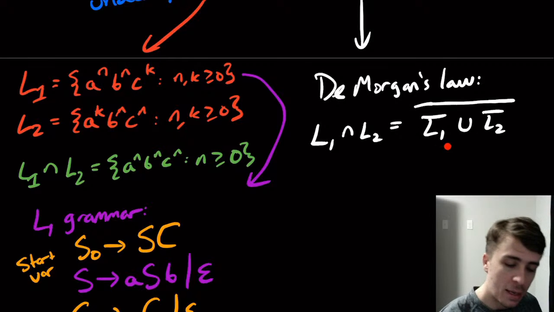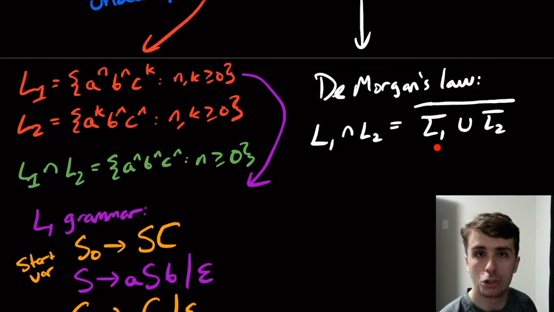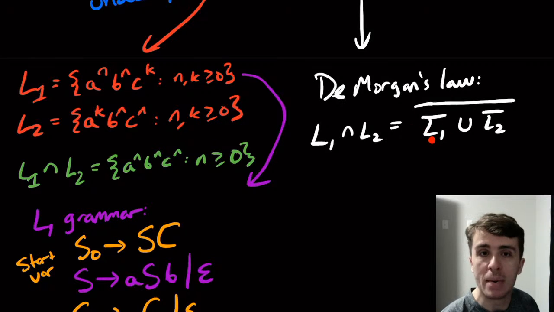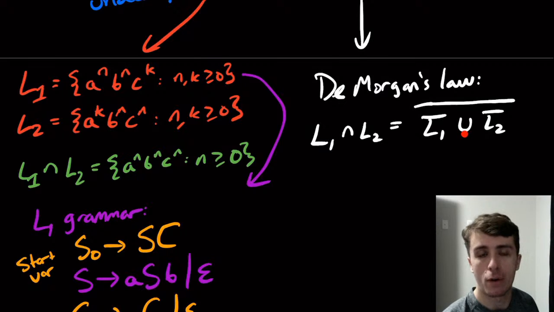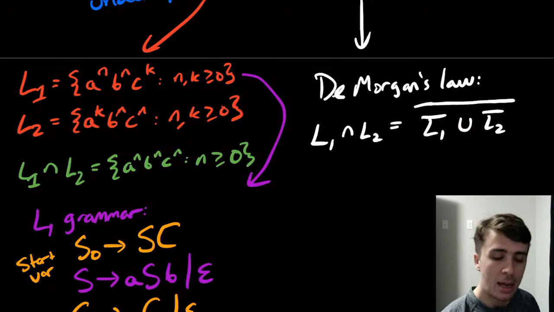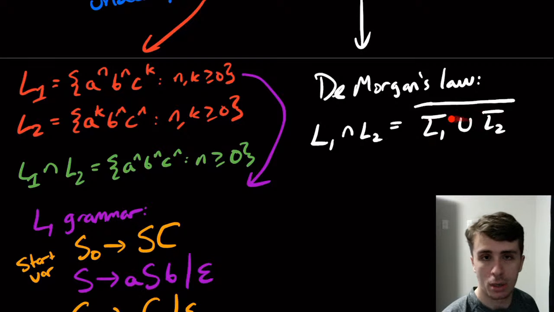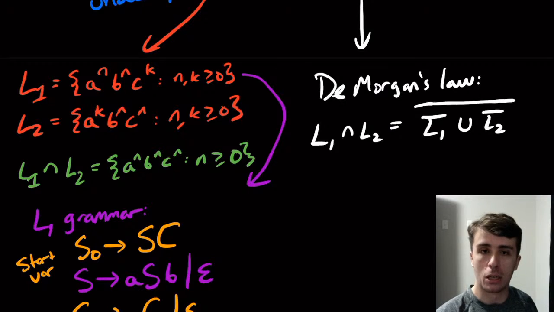So if context-free languages were closed under complement, if they were, then L1 complement would be context-free because it's closed under it. L2 complement is also context-free. The union of two context-free languages is context-free. We've already seen that earlier today. So the stuff on the inside is all context-free. And then this final complement, assuming it's closed under complement, means that the final result is a context-free language.